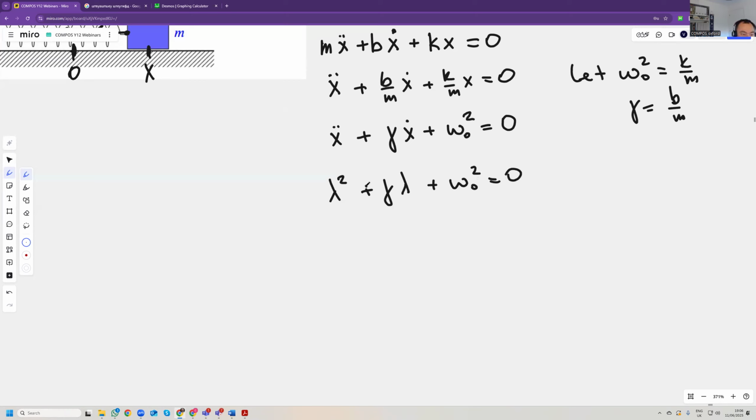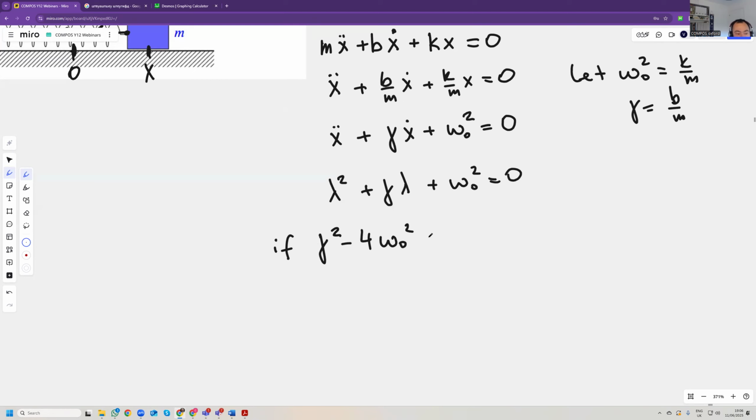And we have three cases, right? We look at gamma squared minus 4 omega 0 squared.